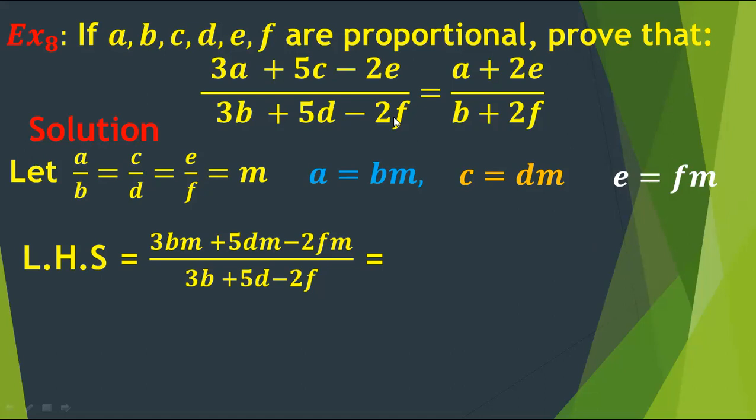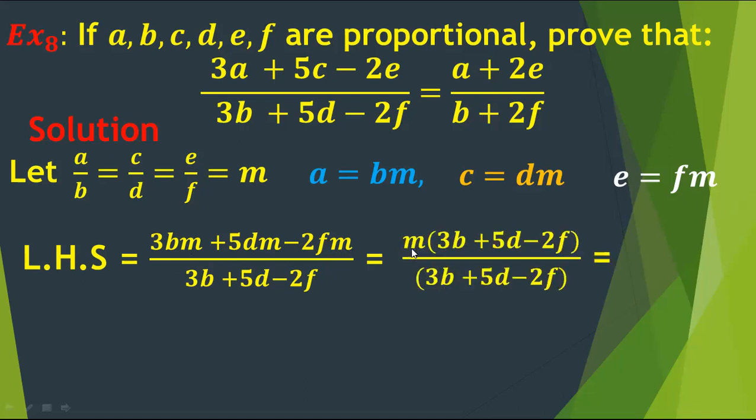The second step is common factor. Here I have 3, 5, 2, the numbers, and we don't have any common factor between the numbers. B, D, F, but here we have M, M, M, then we can take M common factor.